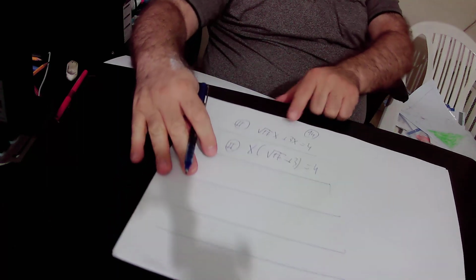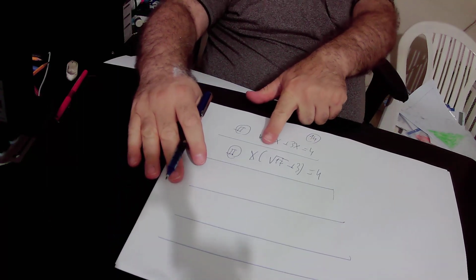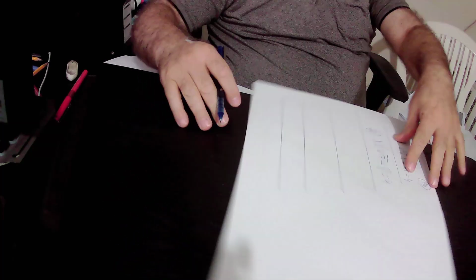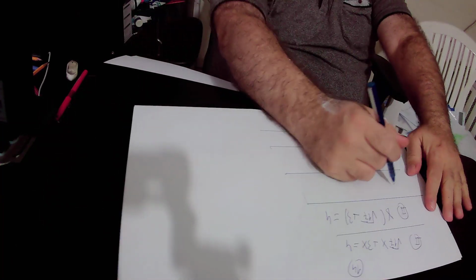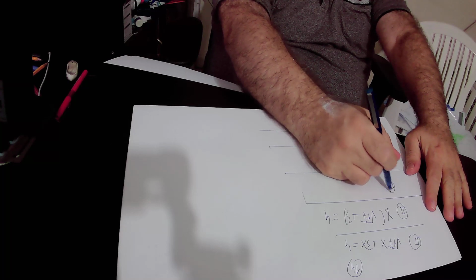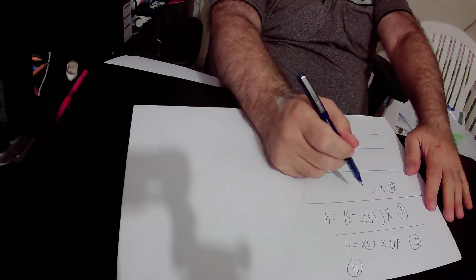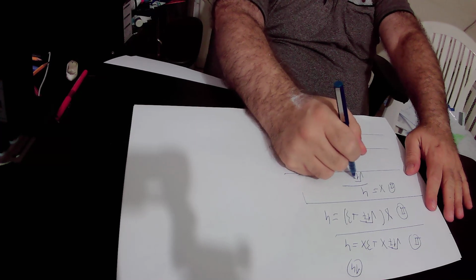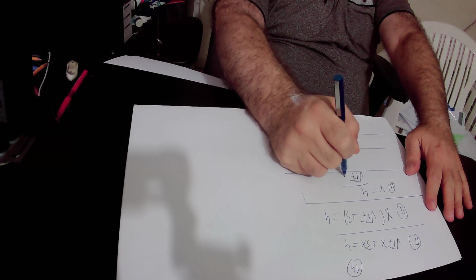So here we will divide this equation number 2 by square root of 17 plus 3, and we will get that x equals 4 over square root of 17 plus 3.